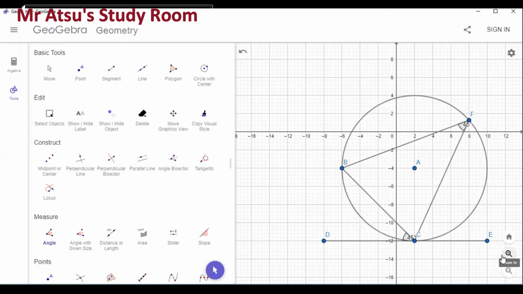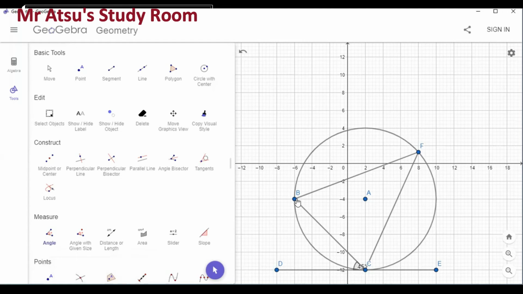You can see that it's also 45 degrees, which is a proof of the theorem.